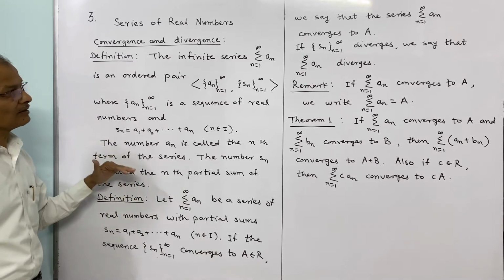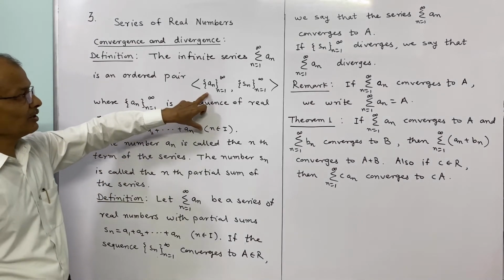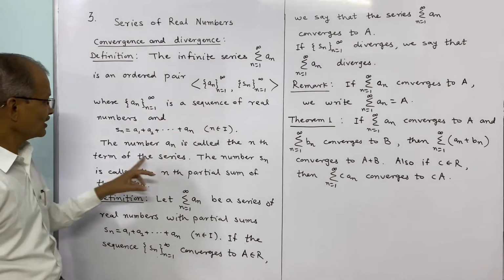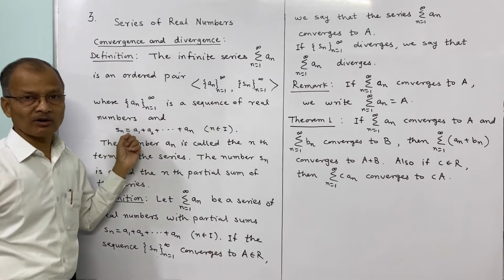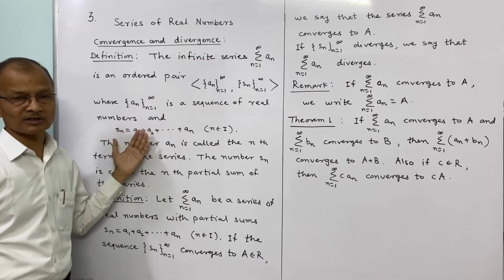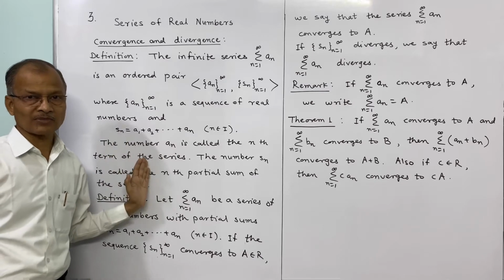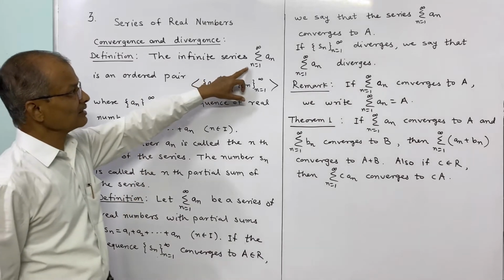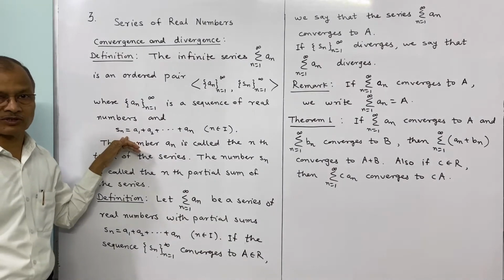So these are the terms related to infinite series. Actually there will be two sequences, but we have to consider the sequence of partial sums. And this is important because the convergence or divergence of the series depends on the sequence of partial sums. And thus for every infinite series, we attach a sequence of partial sums with the series.